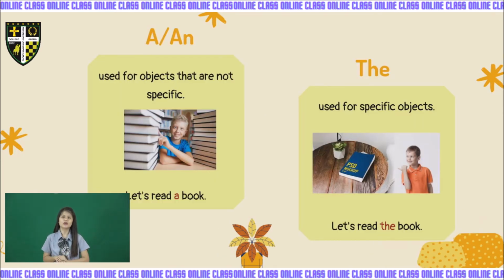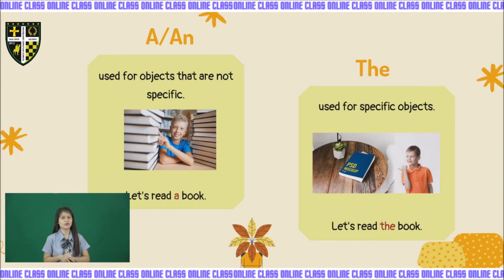Okay? So, examples of a and an. They are used for objects that are not specific. Like an example for the picture, let's read a book. On the picture, the boy has books beside him. Okay? So, he may read any kind of book in his place.